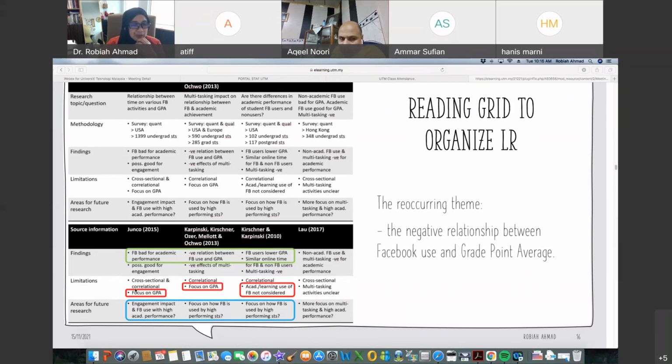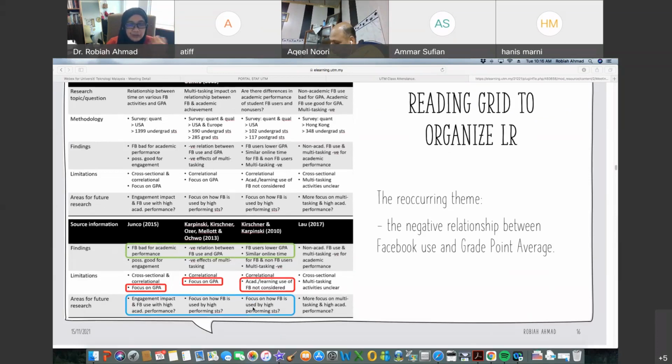Then the limitation, these are the limitation. Mostly, most of the authors focus on GPA, something like that. Then these are the area of research. So you can have ideas on that. Okay, from all this literature review, you structure, okay, most of them are doing about the same thing. Okay, so from this you can identify the gap.